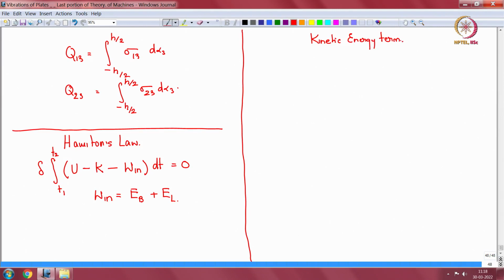The kinetic energy dK over an element is 1/2 rho times U1 dot square plus U2 dot square plus U3 dot square.